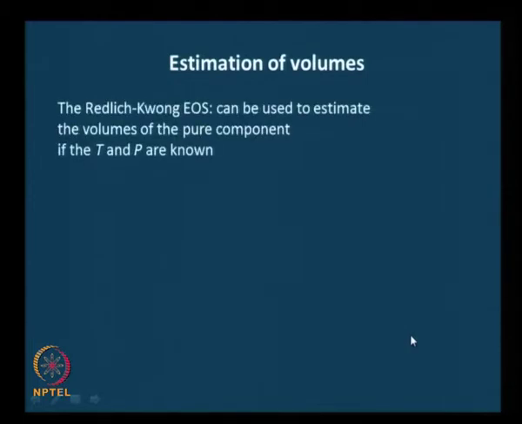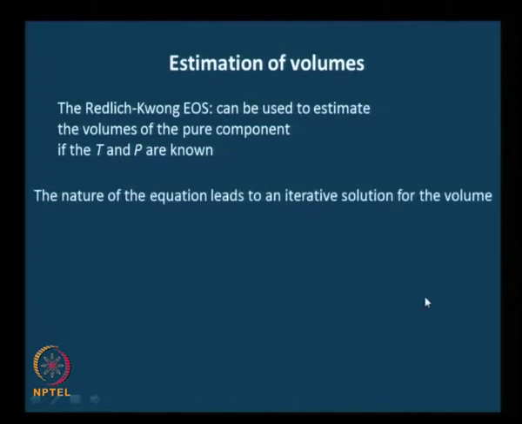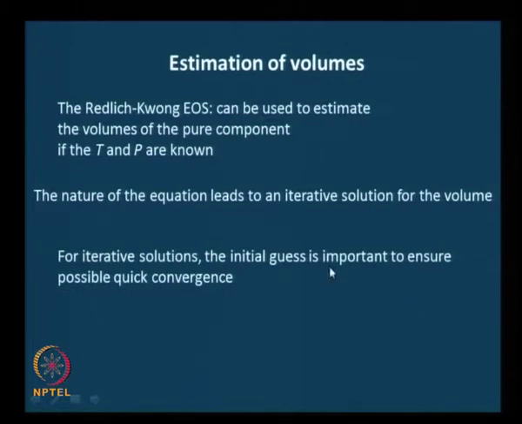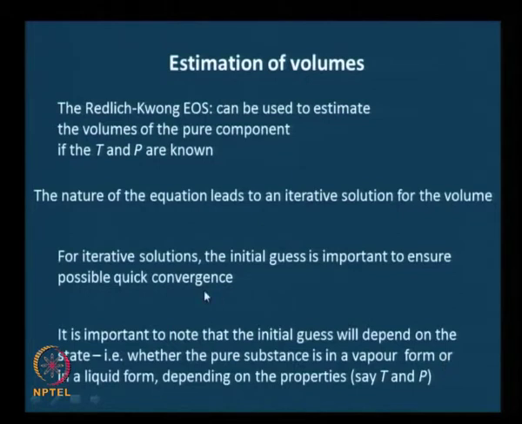And then we went to the estimation of volumes using the equations of state. We said that the Redlich-Kwong equation can be used to estimate volumes of pure component, and since it is a cubic equation we need an iterative solution. The initial guess of course is important and so on.